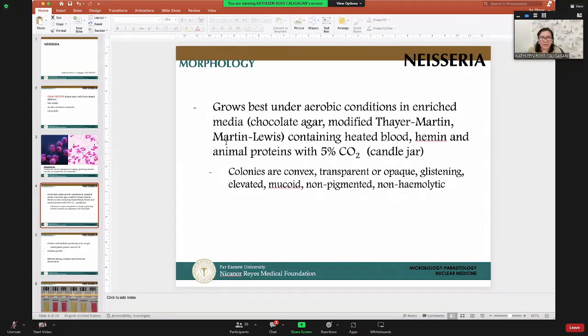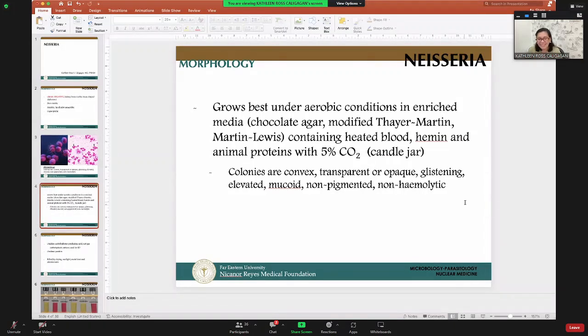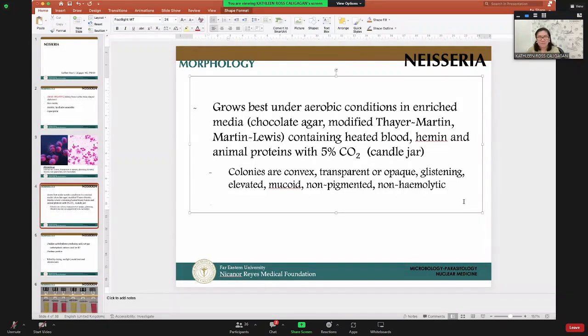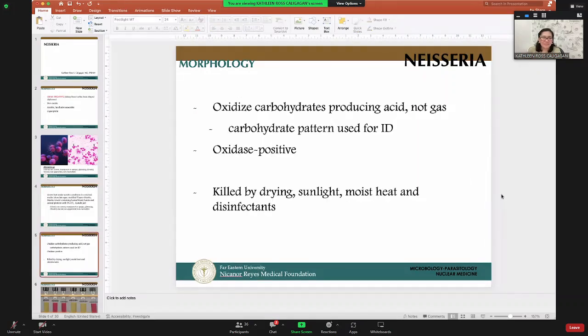And Martin Lewis agar, containing heated blood, hemin, and animal protein with 5% carbon dioxide. The colonies are convex, transparent or opaque, glistening, elevated, mucoid, non-pigmented, non-hemolytic.